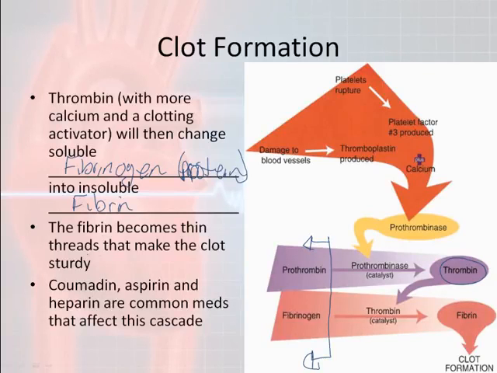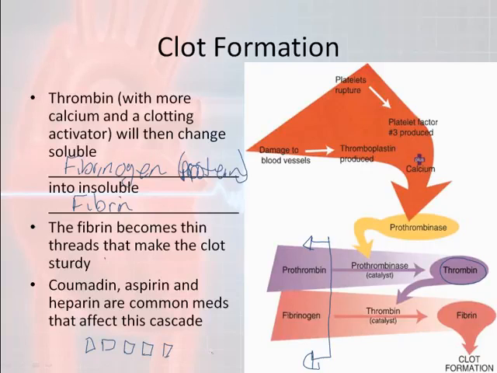Fibrin then becomes the thread-like substance that makes the clot more sturdy. So basically, we'll say these are little fibrinogens down here that are just free-floating in the bloodstream.